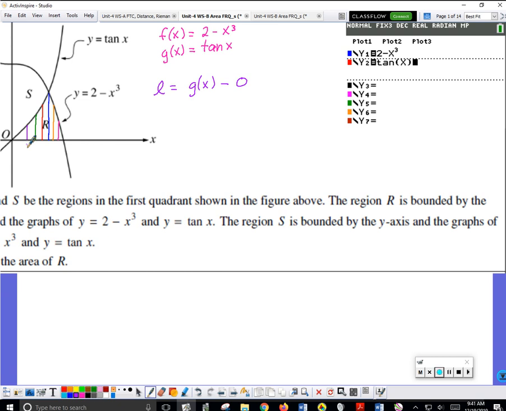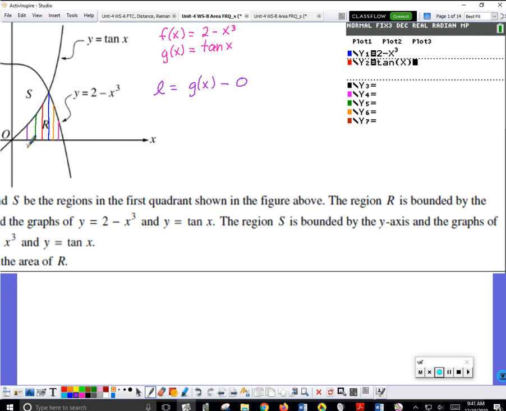Talk to each other, then raise your hand. What do I need? Hands up, who knows? About half the room, maybe, a third. What am I missing? What information do I need to truly find the length of that purple rectangle?